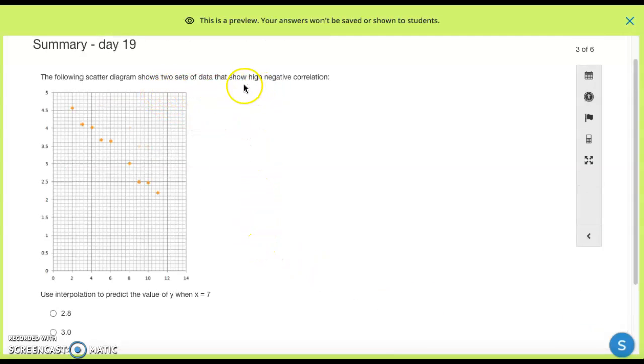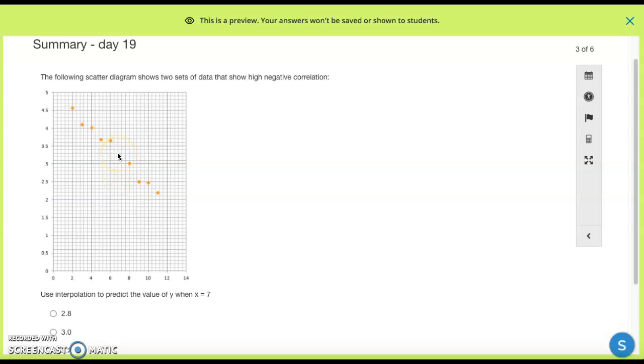All right, again. High negative correlation this time. Coming down. Use interpolation. Predict a value when x equals 7. All right, well, x between 6 and 8, that's 7. So just come right on up here to 7.